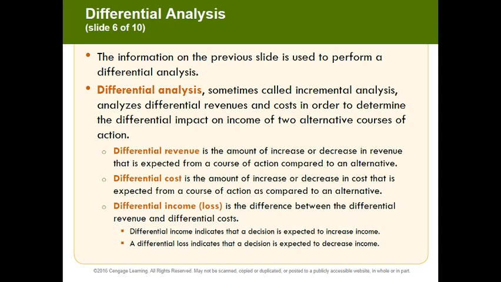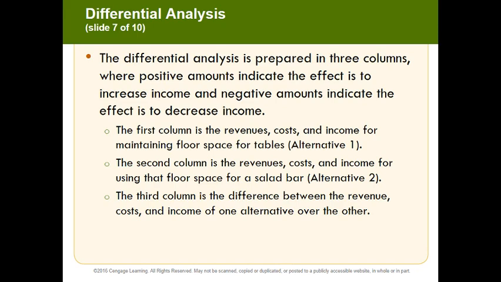So we'll start looking at the actual differential analysis. It is prepared in three columns, where positive amounts indicate the effect is to increase income, and negative amounts indicate the effect is to decrease income. We'll actually be looking at one of these in the next slide. Just be aware that the first column is revenues, costs, and income for alternative 1, in this case, maintaining floor space for tables.